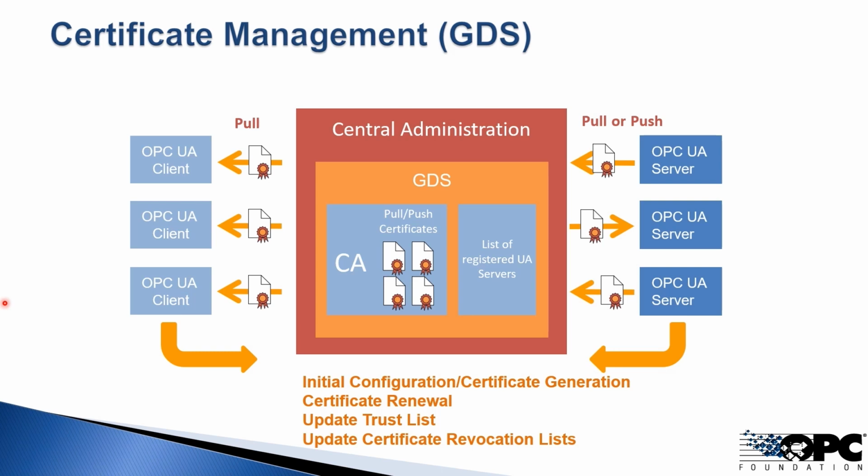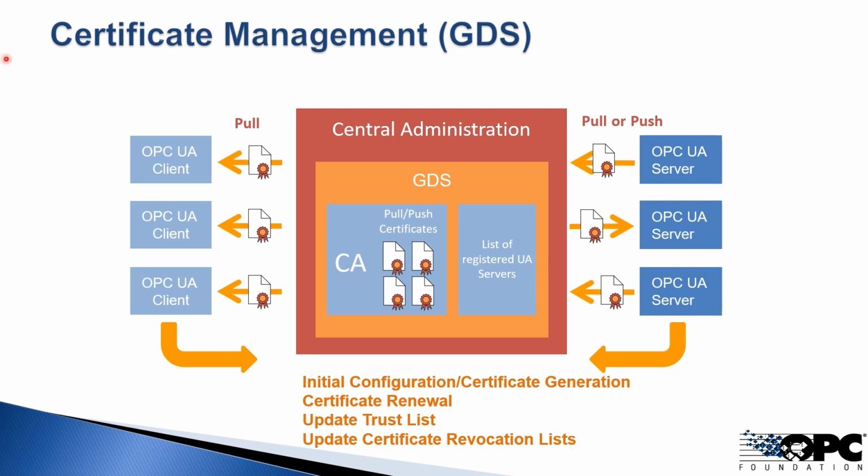Since each OPC UA server instance and each OPC UA client instance in a system, of which of course there can be many, requires its own unique certificate, and certificates by their nature of how they're designed do not last forever, managing and updating and keeping the certificates correct in each of the clients and servers is a useful thing to do in a centralized manner.